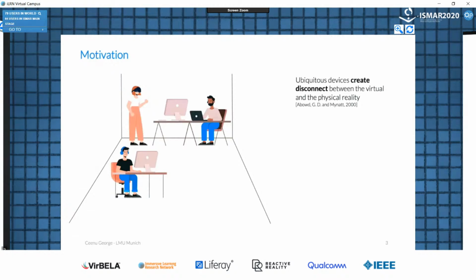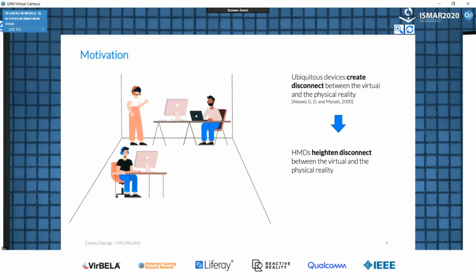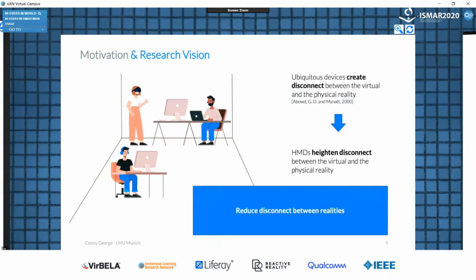Prior work has established that ubiquitous devices create a disconnect between the virtual and the physical reality. However, this disconnect is heightened with HMDs, as the HMD user, in our case Lucy, cannot see the physical reality at all. So the aim of my research is to reduce the disconnect between the realities.